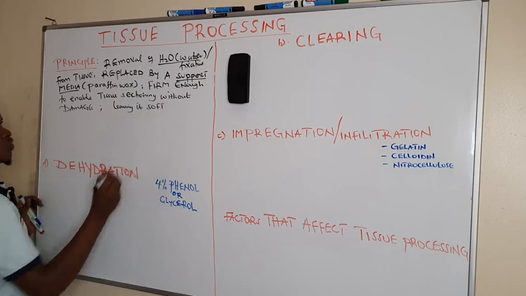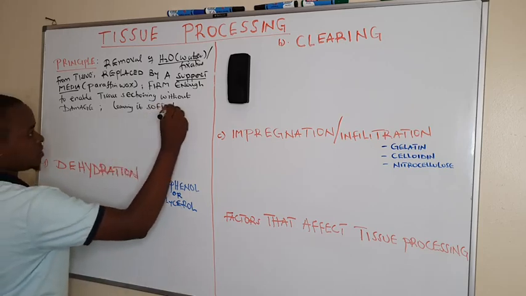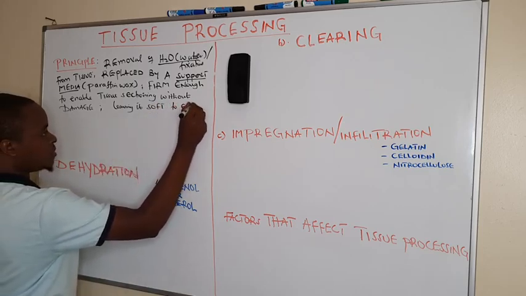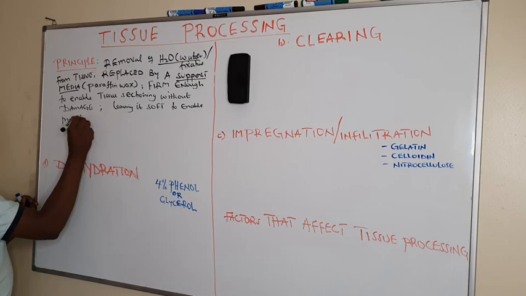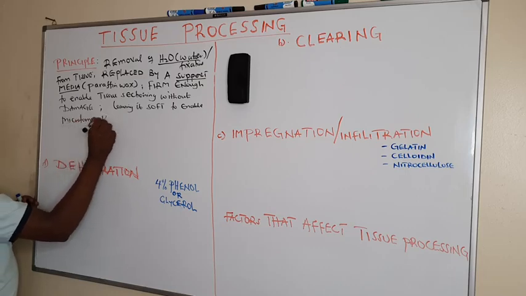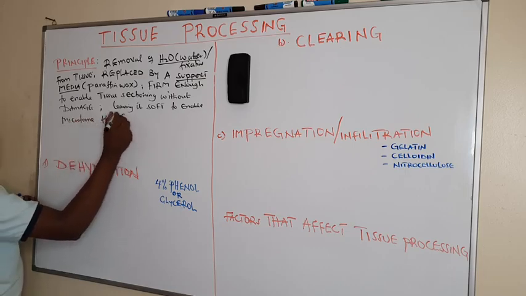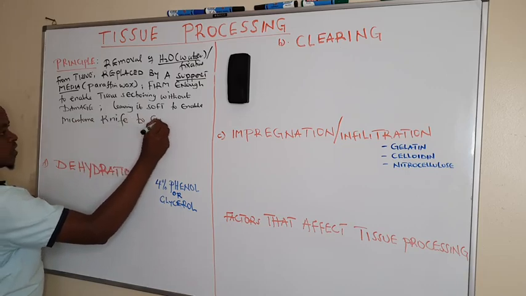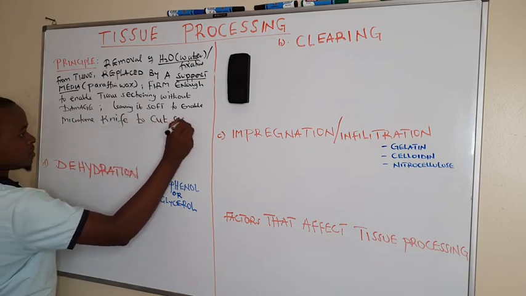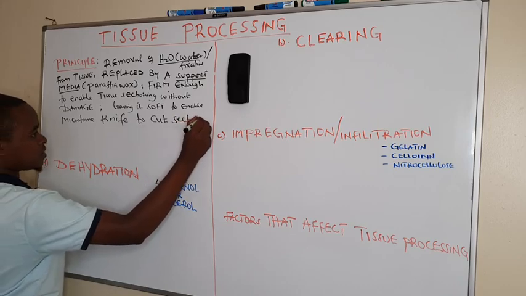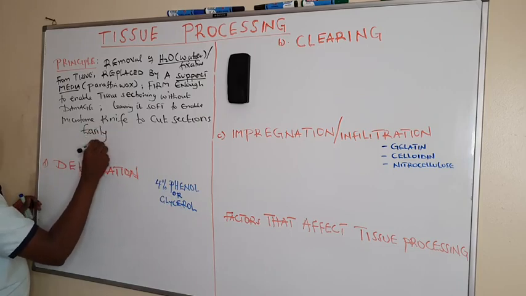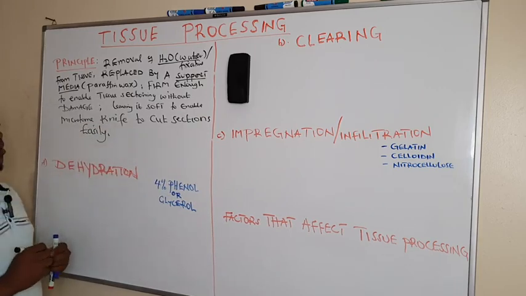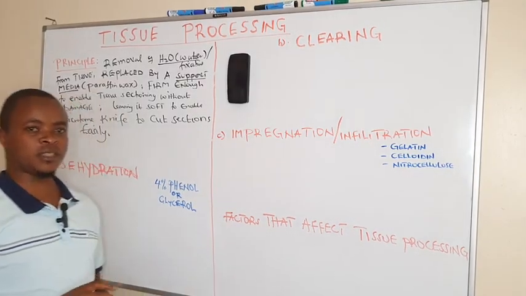It must be left soft to enable the microtomy knife to cut sections easily. So this is the principle behind tissue processing.